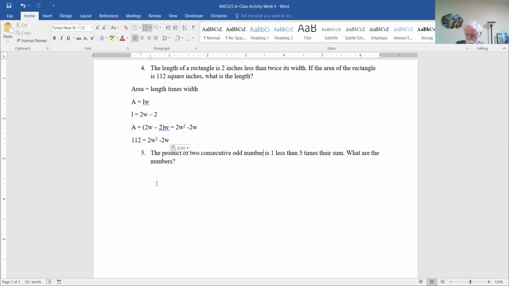So we have 2 equations. They look a little more complicated than they actually are, because we know that 2 consecutive odd numbers, one of them is 2 more than the other. 1 and 3, or 3 and 5, or 39 and 41. All of those are a difference of 2.